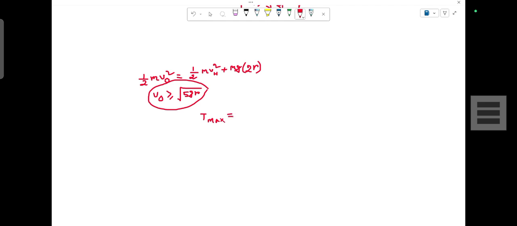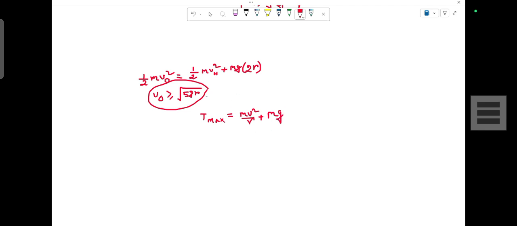That means T max comes out to be mv square by r plus mg when theta is 0.